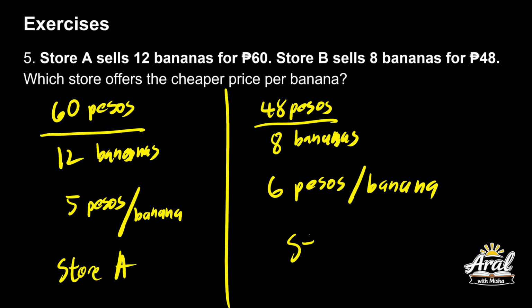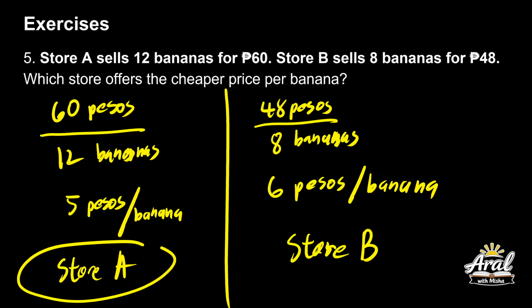This is Store B. So, ano yung mas mura? Which store offers the cheaper price? Store A. Kasi 5 pesos per banana lang. So, ang sagot is Store A. Alright? So, the store that offers the cheaper price per banana is Store A.